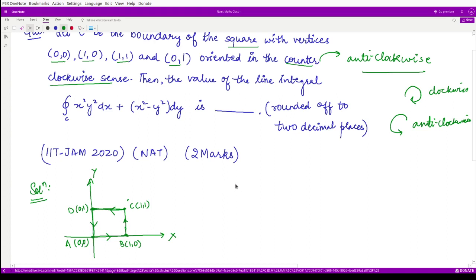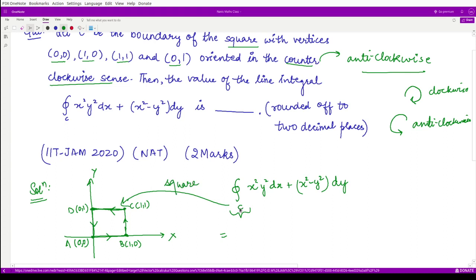Now we are to compute this line integral over C of x squared y squared dx plus (x squared minus y squared) dy. What is this curve C? This is our square.